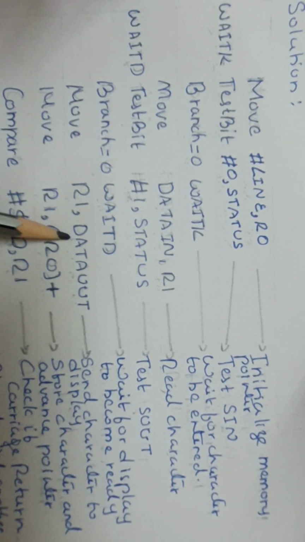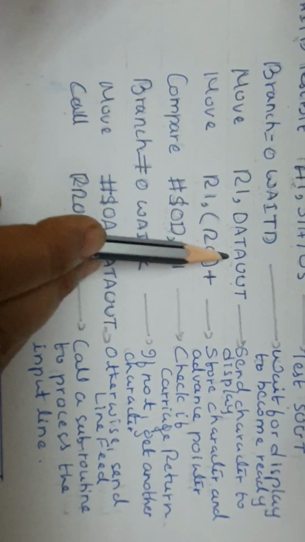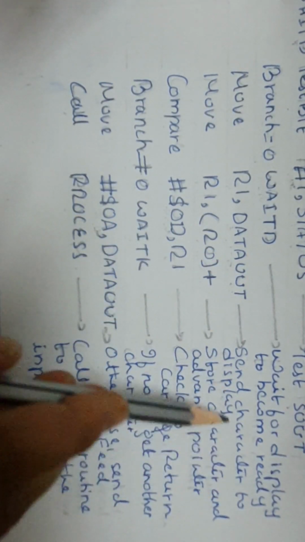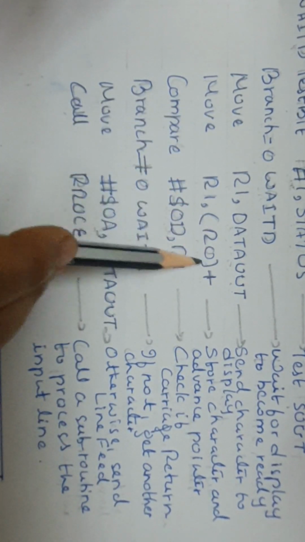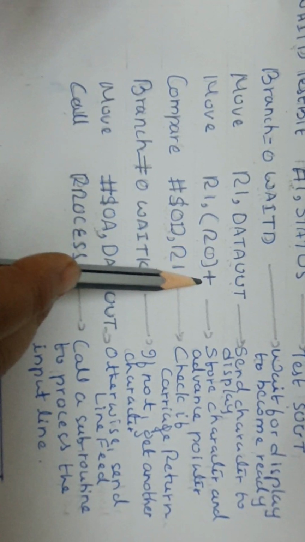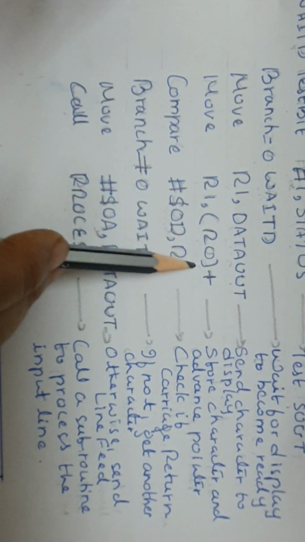What is the third action? Now that character must be sent to the buffer. It should be stored in the memory. So what is the next instruction after sending the character to display? Move R1 comma in bracket R0 plus. This is a post increment addressing mode kind of instruction.